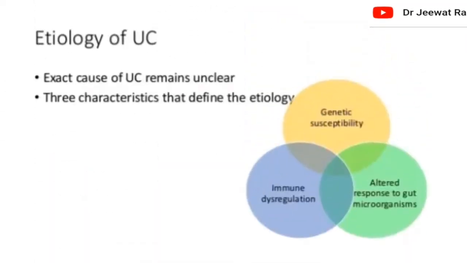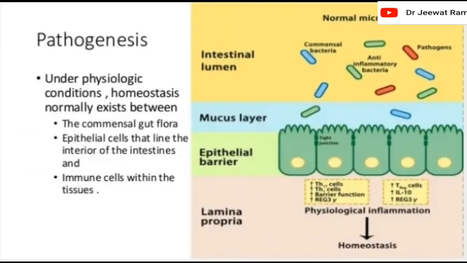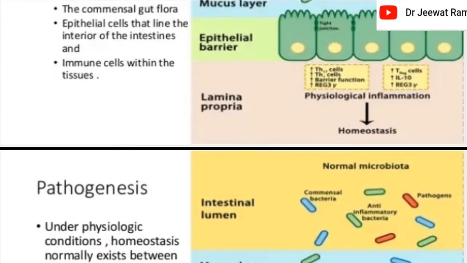Etiology of ulcerative colitis. The exact cause of ulcerative colitis remains unclear. Three characteristics define the etiology: genetic susceptibility, immune dysregulation, and altered response to gut microorganisms. Under physiologic conditions, homeostasis normally exists between the commensal gut flora, epithelial cells that line the interior of the intestines, and immune cells within the tissues.